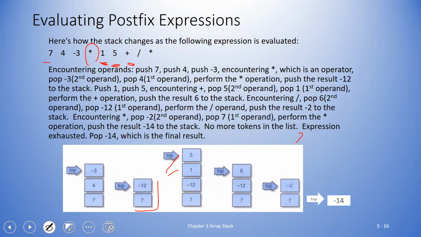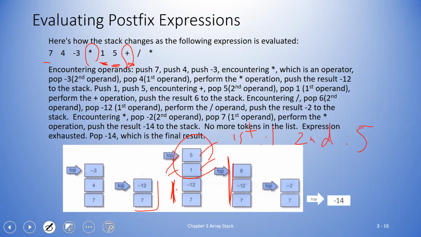So you pop 5, that's the second, and this one will be the first one. First will be 1, okay? And what's the operator? Plus. So you add 1 and 5 together, that gives you 6, and you push that result onto the top of the stack. So just now you pop these 2, you still have this as your stack, and now you push your result up. Now this is your stack.